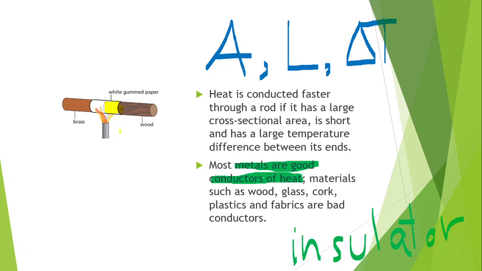The reason is that when heat is applied to it, the brass rod immediately propagates the heat through its length. The heat travels in this direction. But since wood doesn't have that property, the heat or the temperature just rises and rises and accumulates at this very specific point, and then the paper burns. And we see that happening in front of us.